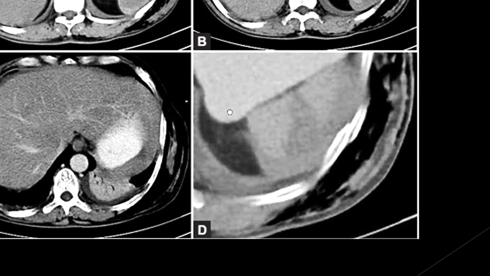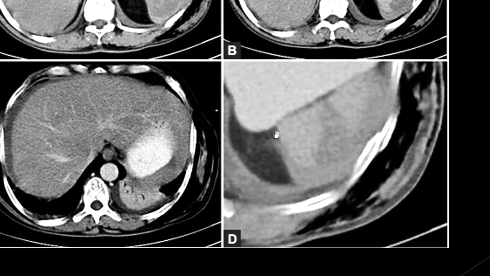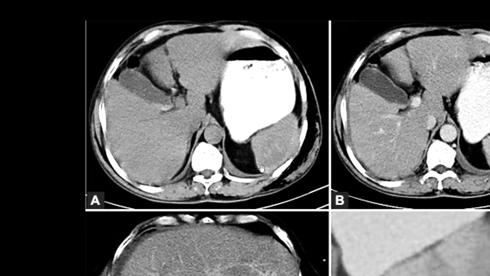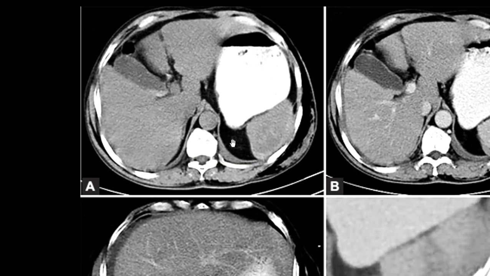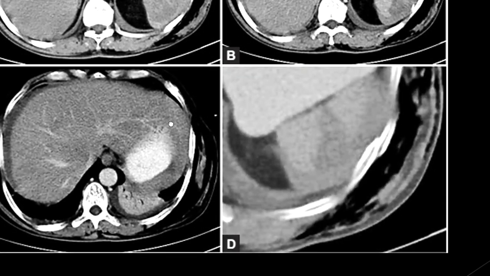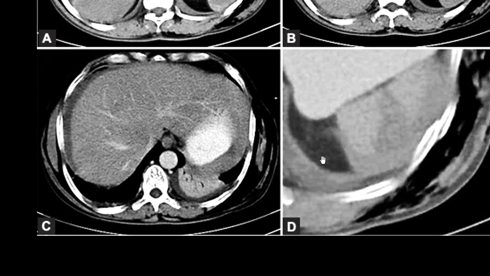We see the fluid. This is the fluid on the D picture, not like on the A picture. You see another density here and here. This is the density of the fluid.